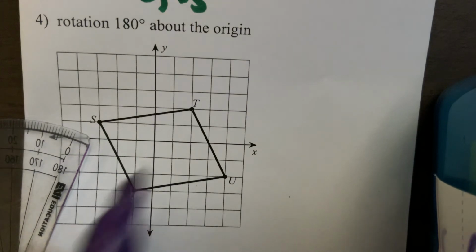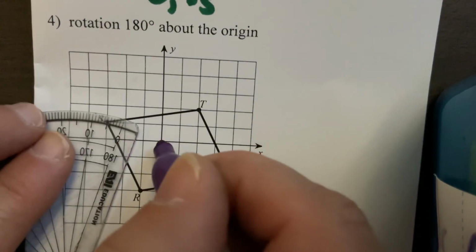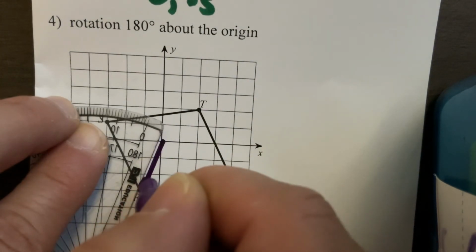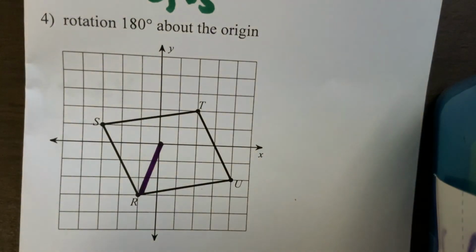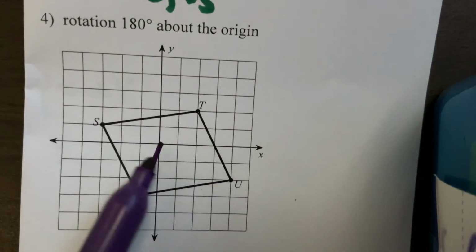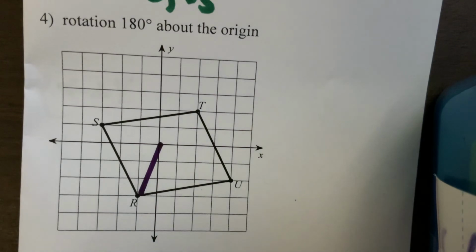Let me show you what I mean. It doesn't matter which vertex you choose. You could have drawn a line from the origin to here, to there, to there. I happened to choose coordinate R. So this time, your reference line is inside the shape, which makes it a little tricky.